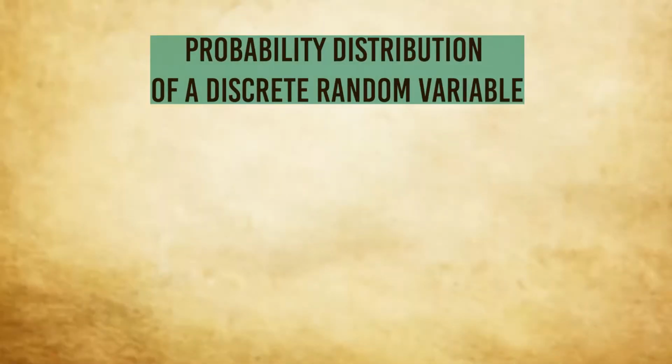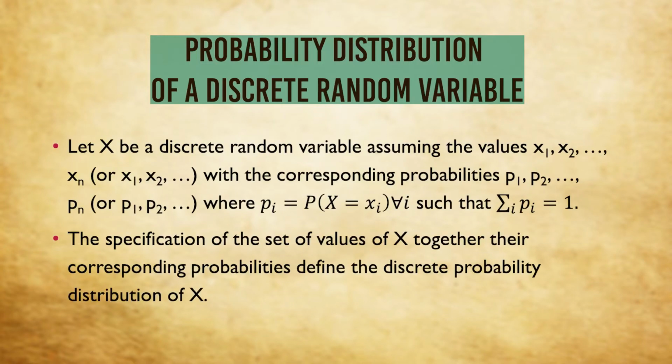So first we will discuss the probability distribution of a discrete random variable. So x is a discrete random variable that can take up either a finite number of values, we can call them x1, x2, ..., xn, or a countably infinite number of values, which we denote by x1, x2, and so on. And we have seen that a random variable takes up values with corresponding probabilities.